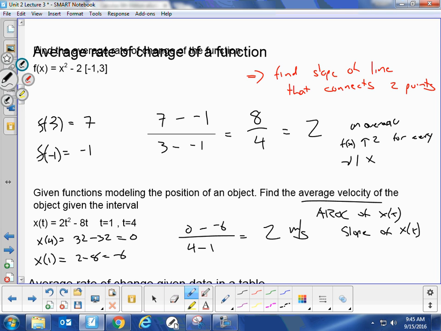Well, this would be now, instead of 2 y's for every x, we'd say, on average, if my position is denoted by this function, on average, we have gone to the right 2 meters for every second. Okay?